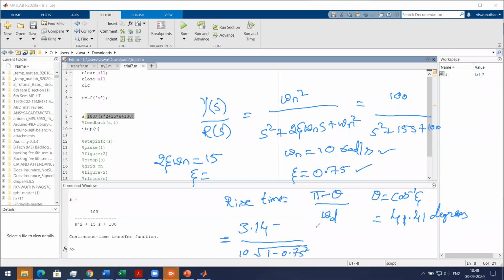How much do you get? This in radians? 0.4747. No, one second.